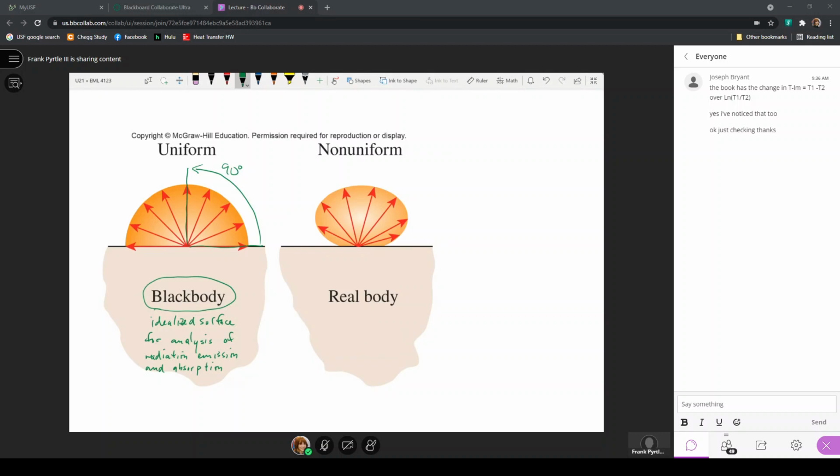The arrows are moving away from the surface and outward. So these are indications of what we call emission. When a black body surface emits radiation, it does so uniformly in all directions. This would be called a diffuse emission.